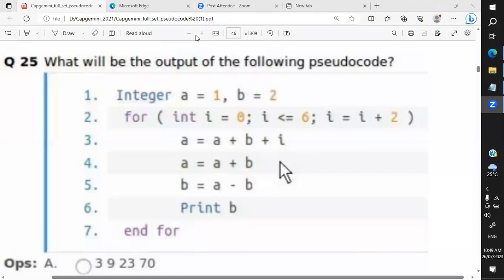Please try it if it's not done. 70. I got some answers saying 39, 23, 70. Okay, others also make it fast.